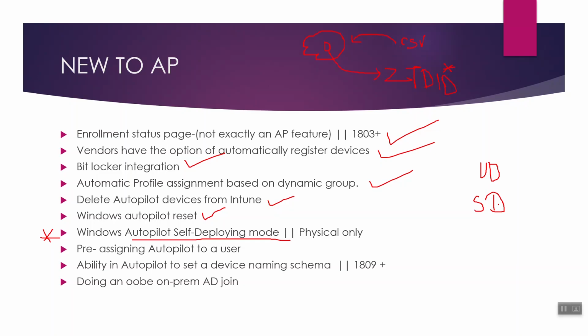Where we would actually be using the self-deployment mode is in two cases. First, if we are using it for a shared device, wherein the device is not associated with one single user, but moves from one user to the other.